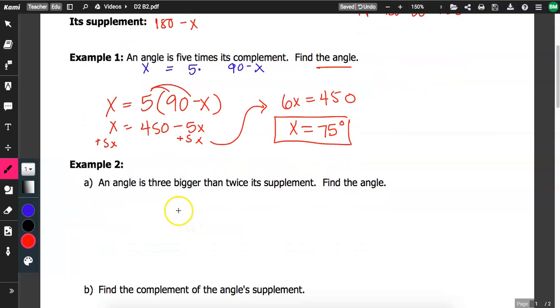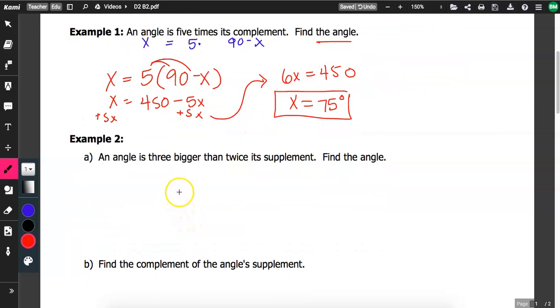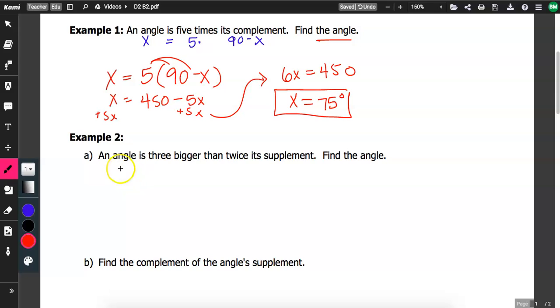Example 2, again, I'm going to label everything in the word problem to set up my equation. So an angle, X, is equal to 3 bigger than, so we're not multiplying here, but if it's 3 bigger, that's like 3 more. So I can write plus 3. Or 3 plus, I guess, then twice its supplement.